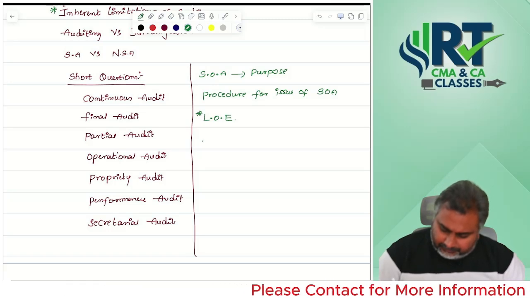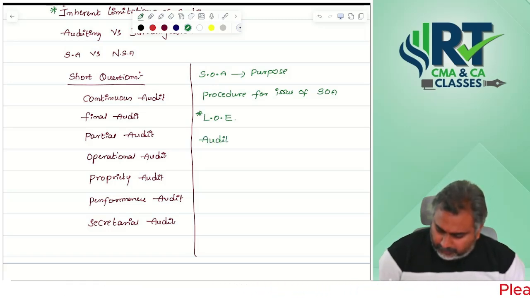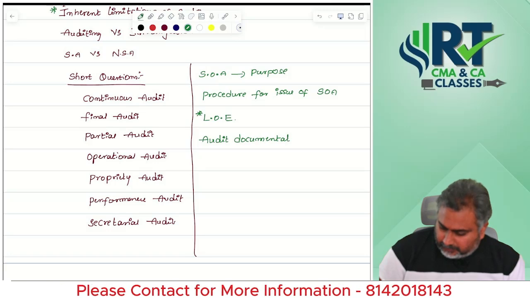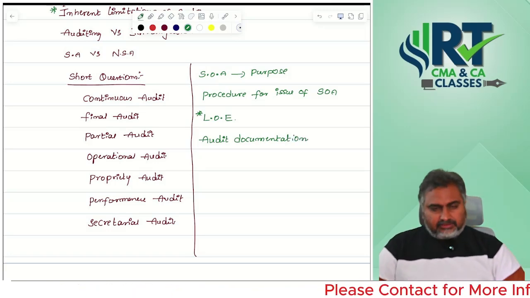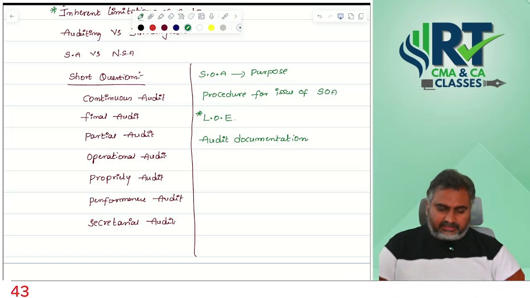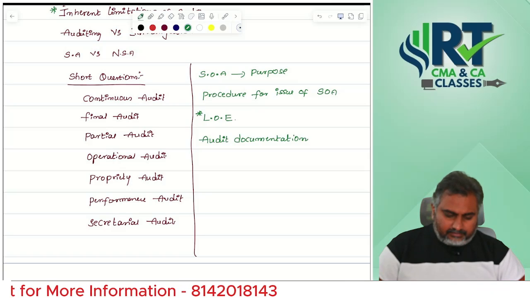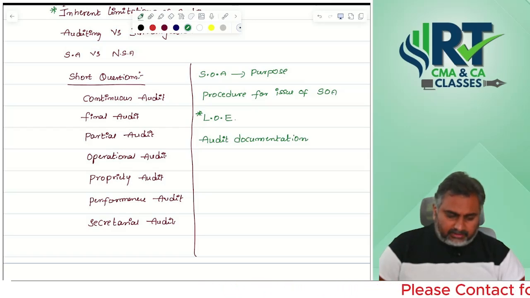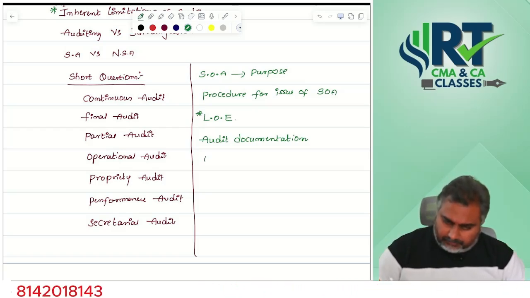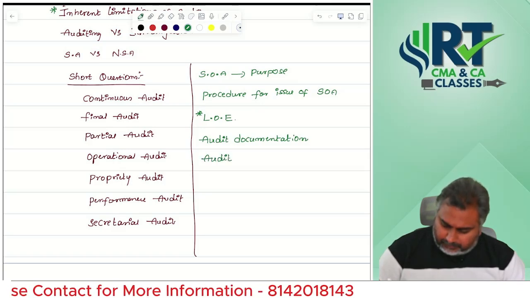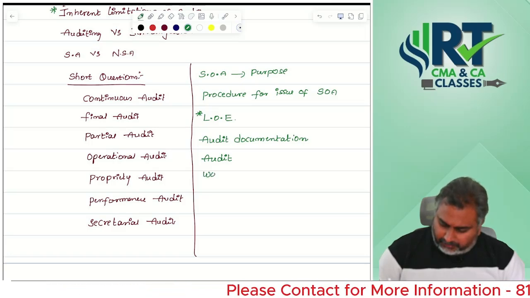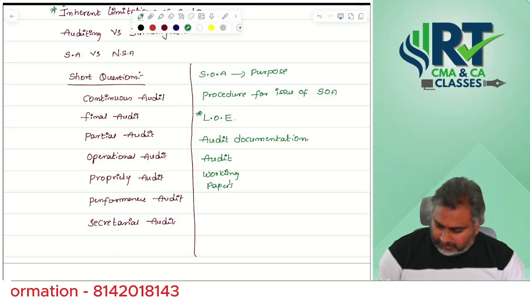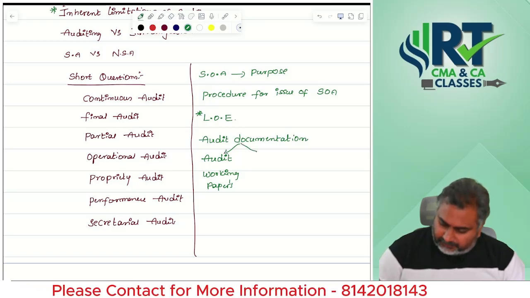Next, audit documentation. There, try to focus on the important points. Audit working papers, under the documentation point of view.